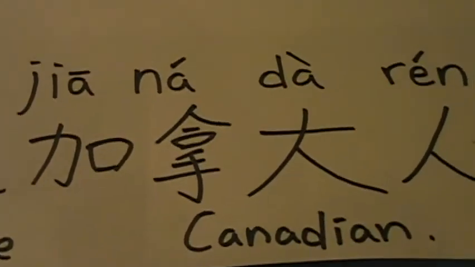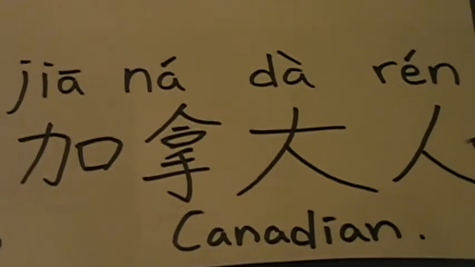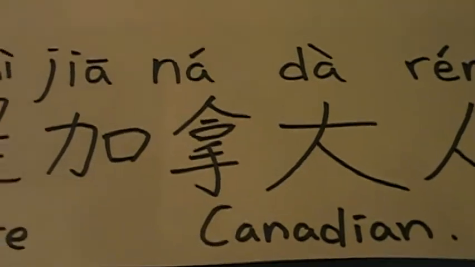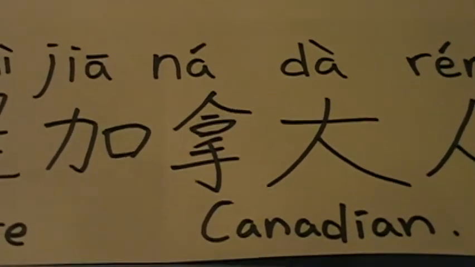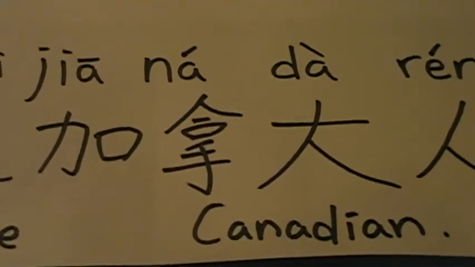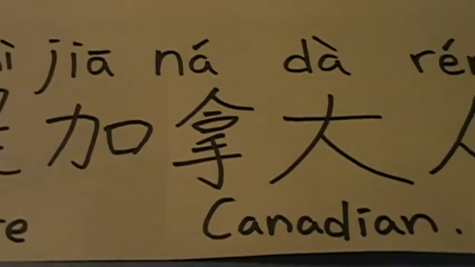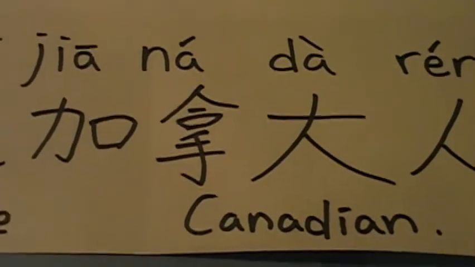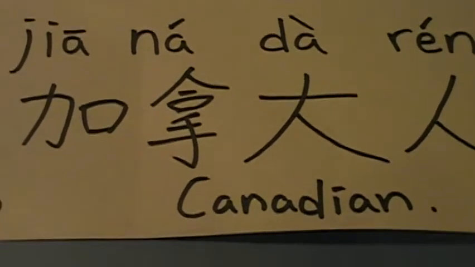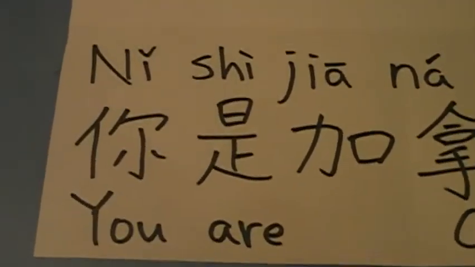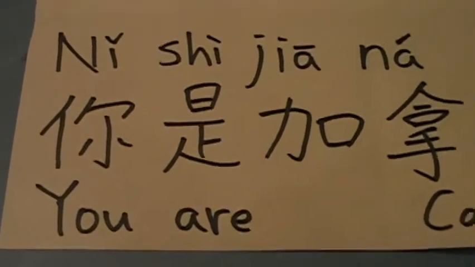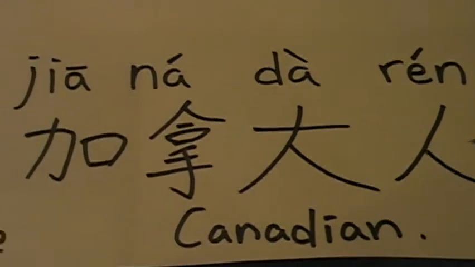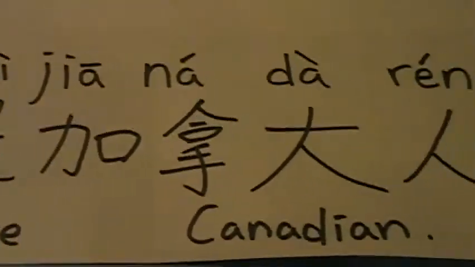And the second part of the sentence, 加拿大人 will be Canadian simply, where 加拿大, as in previous lessons, means the noun Canada, and 人 the people, and together the people of Canada, or Canadian. So again, 你是加拿大人 will be you are Canadian.